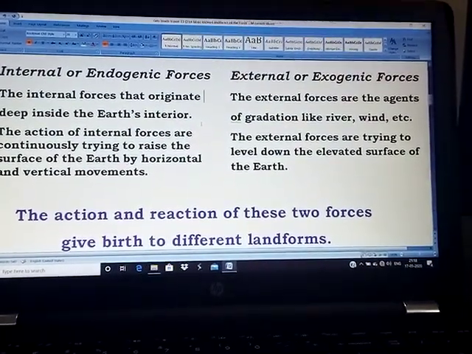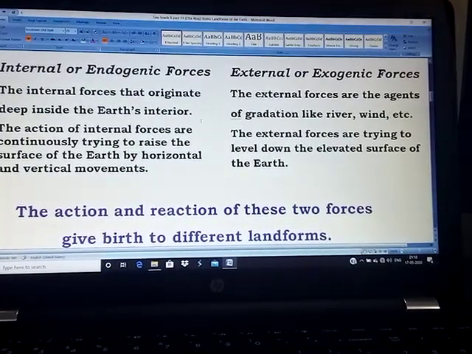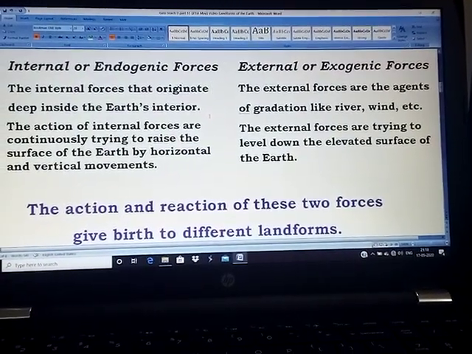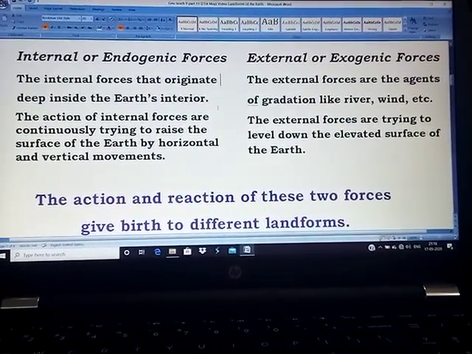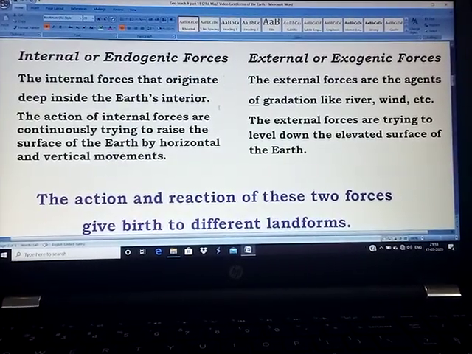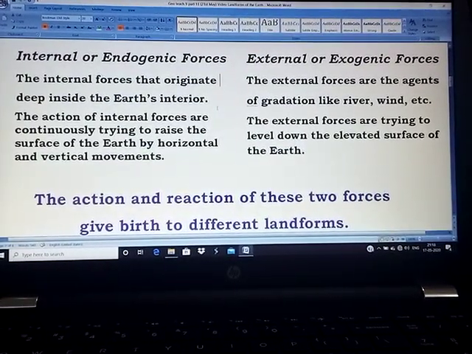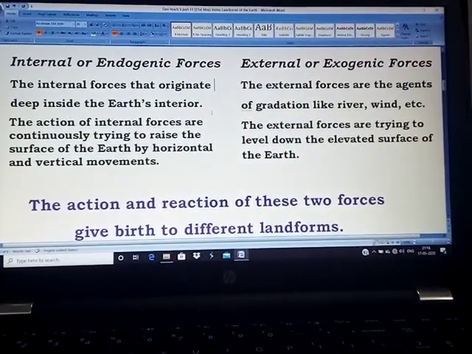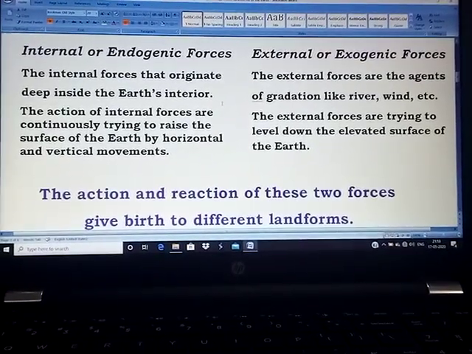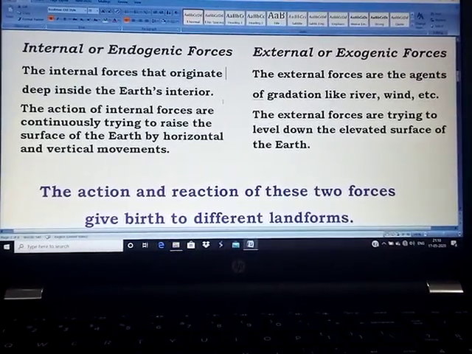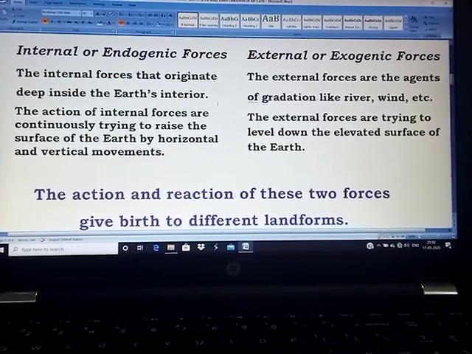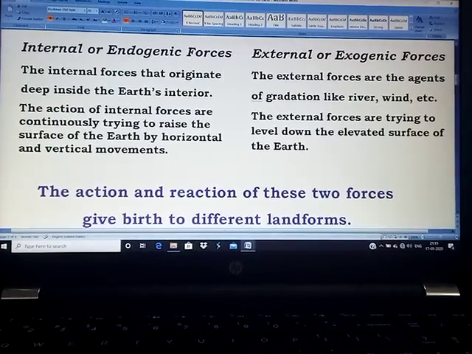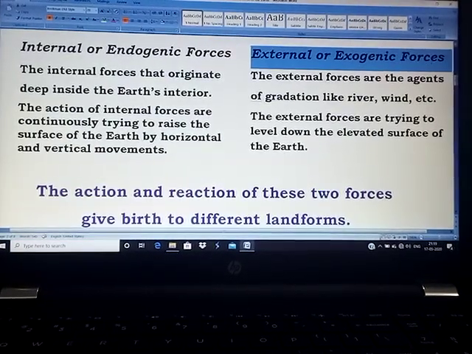Below the Earth's surface, the Earth is made up of many plates. Due to various reasons, those plates move. Either they collide with each other, or one goes on top of the other, or one goes away from the other. These kinds of forces which take place inside the surface are known as the internal or endogenic forces.